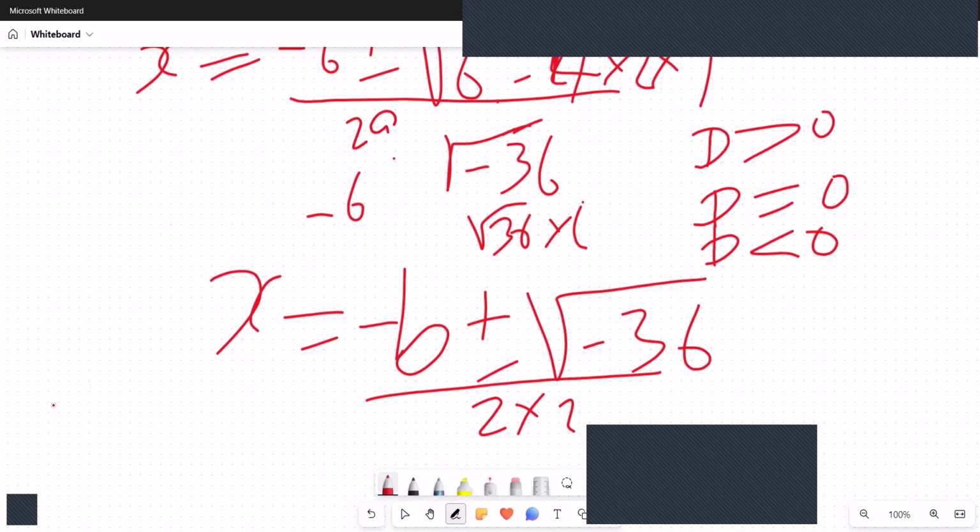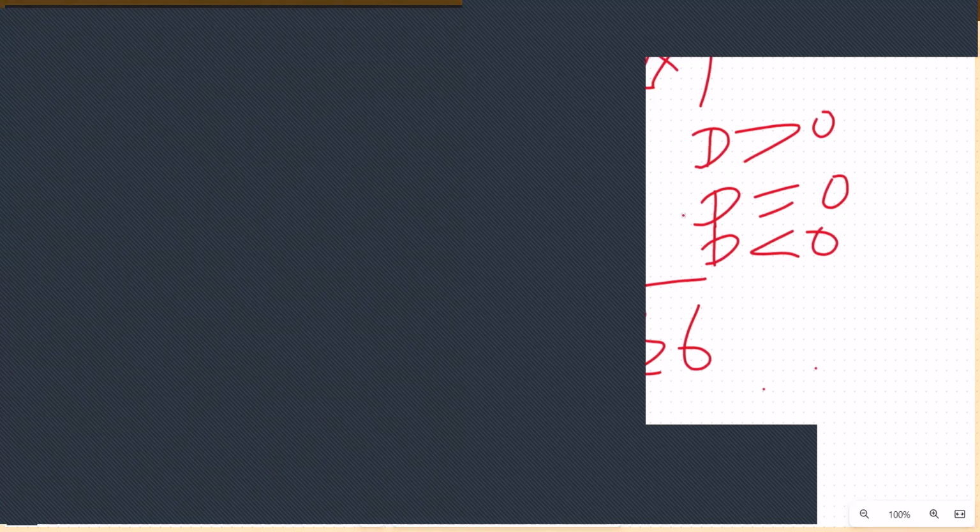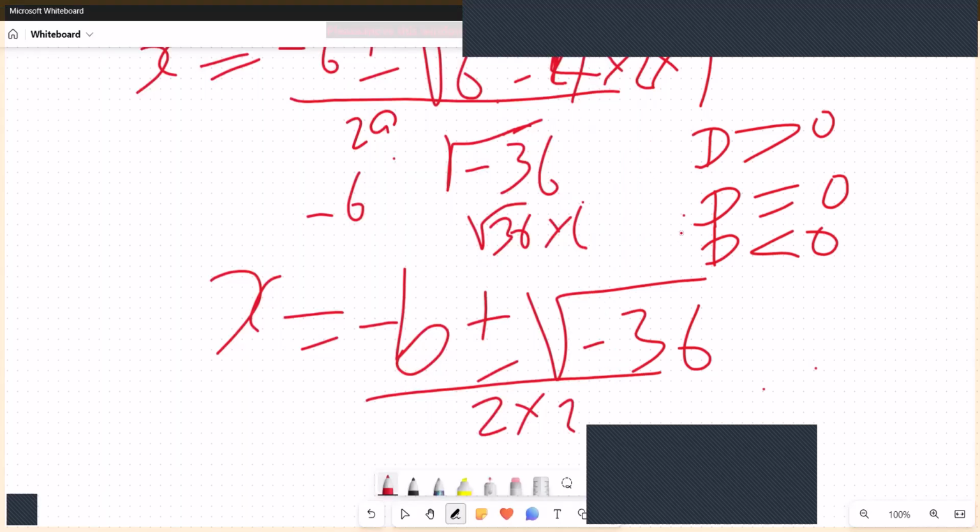Okay, and we now want to factor out. Inside the radical, I will factor out 6i.